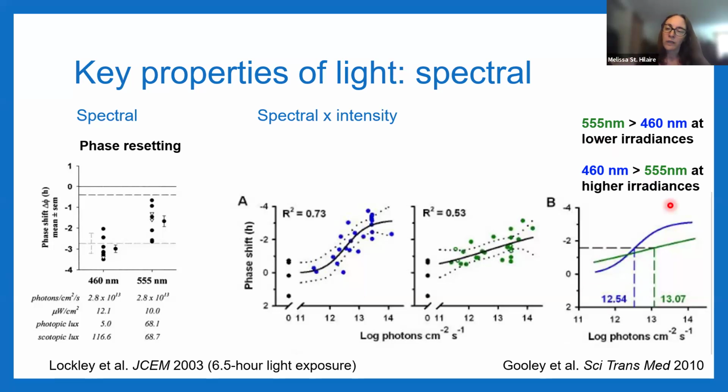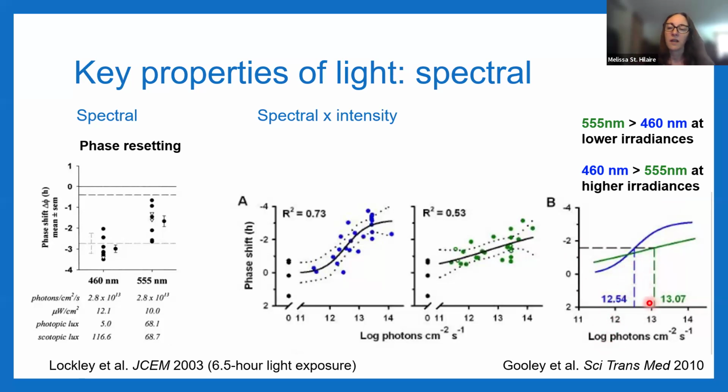And it was only at higher irradiances that we saw that the shorter wavelength light, the 460 nanometer stimulus, actually produced a stronger response. And again, just to orient you, because you're going to see this again, these values in the dotted lines are showing the ED50 value, but they're showing basically the log photons needed to elicit that ED50.